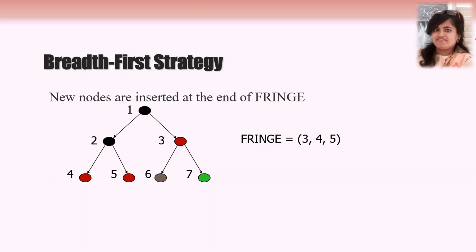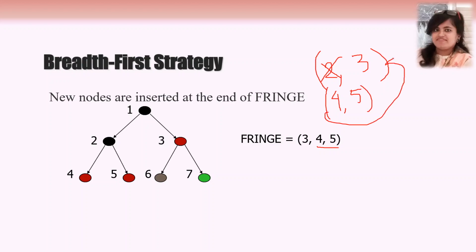These 4 and 5 are the children of node 2, and I have written nodes 4 and 5 after node 3, that is, at the last part of the fringe. Earlier it was 2 and 3. Now upon searching node number 2, this node vanishes, and the children of that node, 4 and 5, are added at the last part of the fringe.